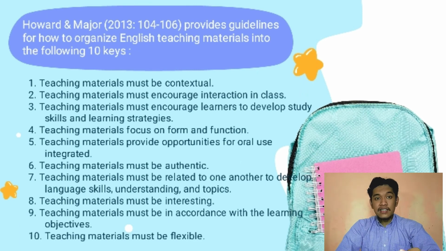The next is that teaching materials must encourage interaction in class, and must encourage learners to develop study skills and learning strategies. Next, teaching materials focus on form and function, and provide opportunities for integrated oral use. Next, teaching materials must be authentic.